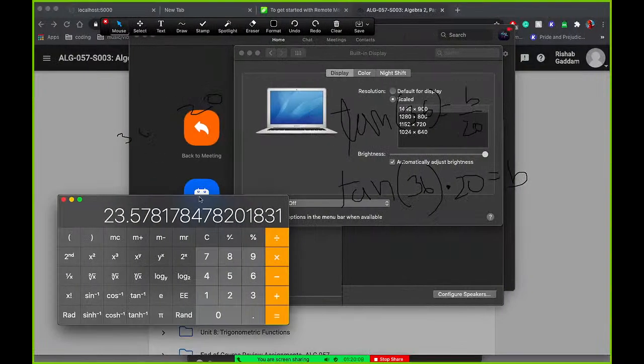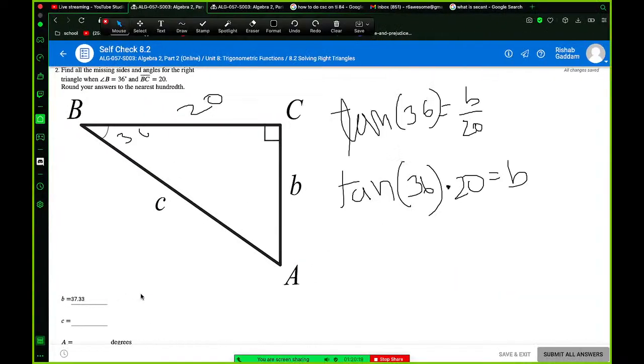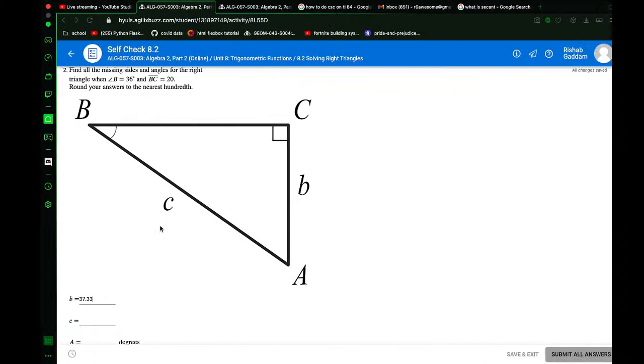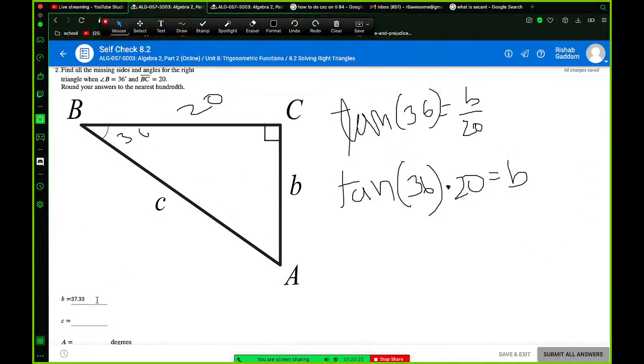You take the tan of 36 and multiply by 20. It gives me 14.53, not 37.33. I think where you got confused is it's tan of 36 times 20. Yeah, I did that wrong.